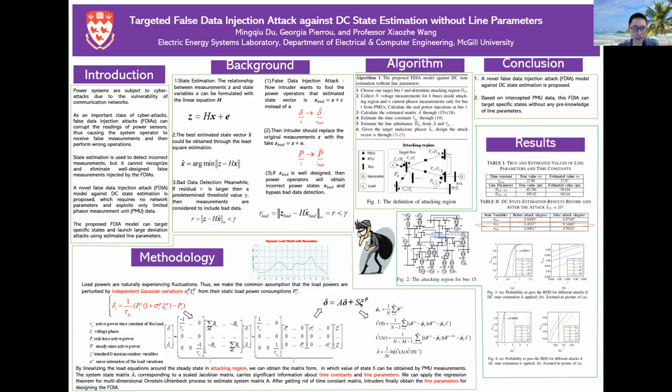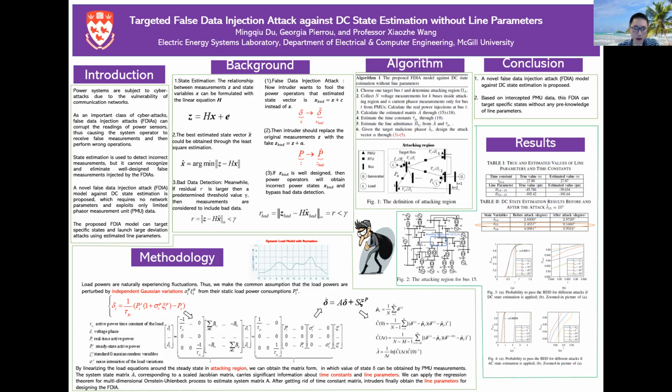False data injection attacks can corrupt the readings of power sensors, thus causing system operators to receive false measurements and then perform incorrect operations. Although state estimation is used to detect incorrect measurements, it cannot recognize and eliminate well-designed false state injection attacks.